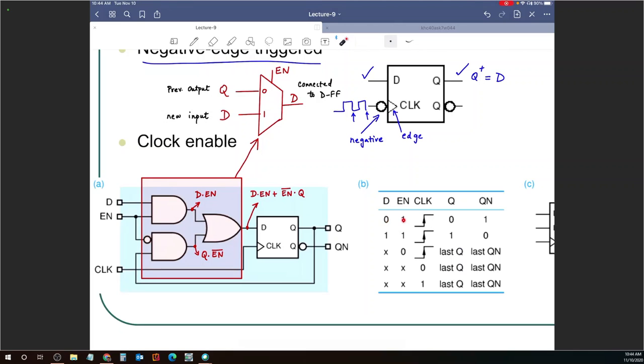So when enable is 1 and this design sees a positive edge of the clock, then your next Q plus will follow D. So 0, 0, 1, 1.